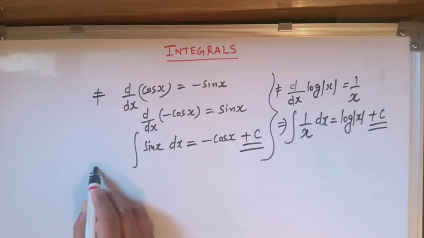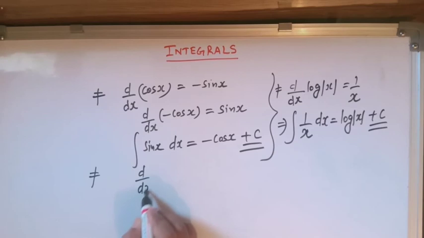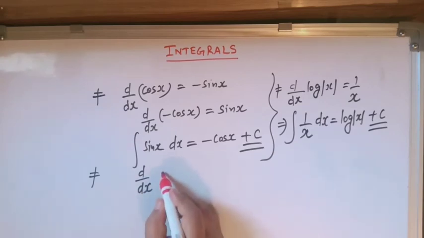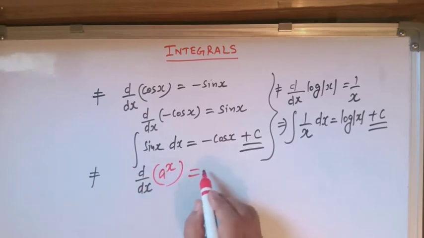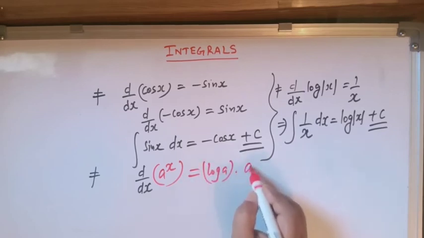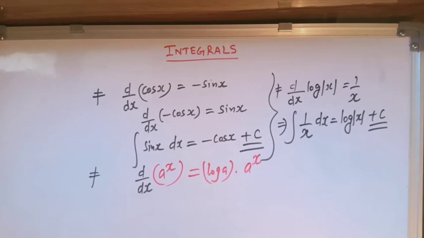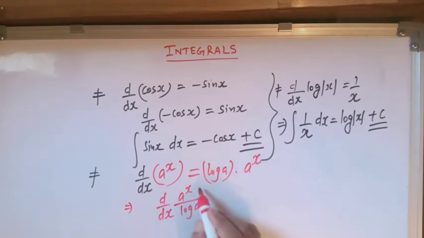Similarly, we have the derivative of say a raised to x, the general exponential function, which is equal to log a times a raised to x. Clear? So this expression can be written as d by dx of a raised to x divided by log a, because log a is a constant, so we can write it here.